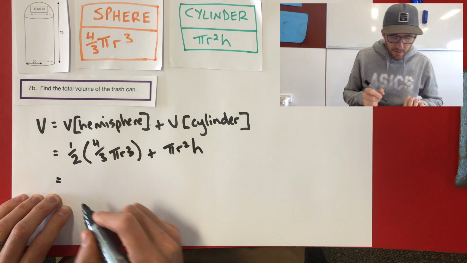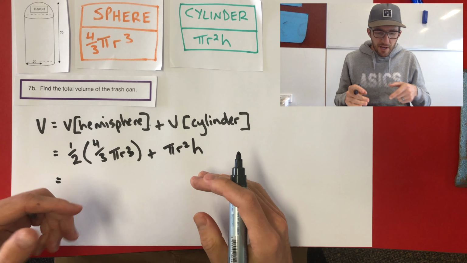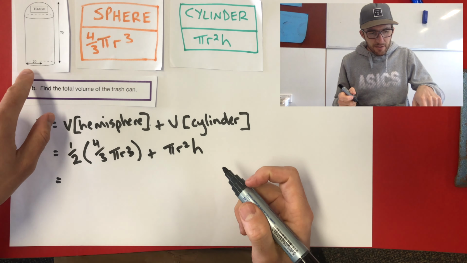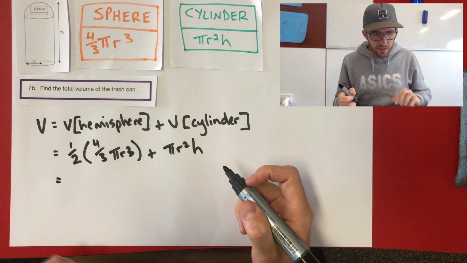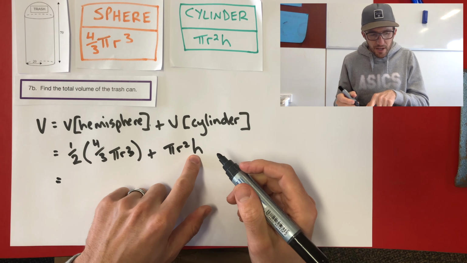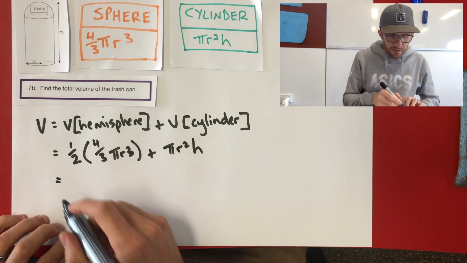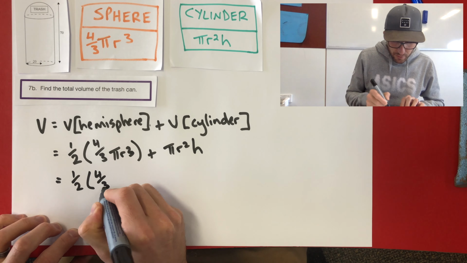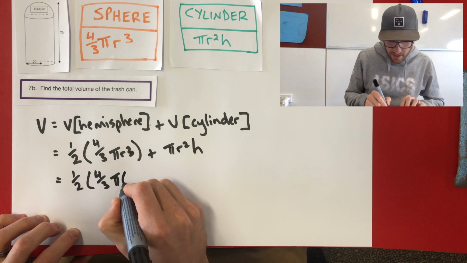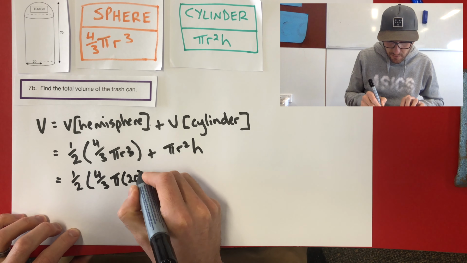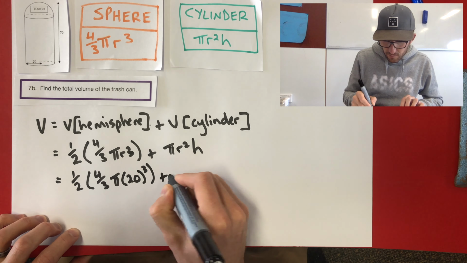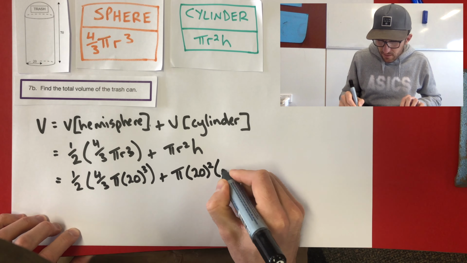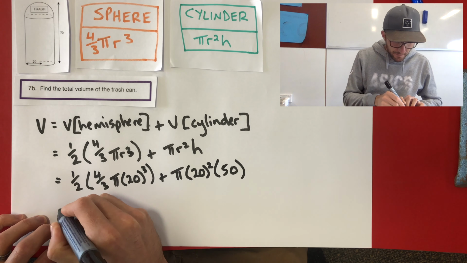Now that we've substituted our formulas in, we need to substitute in the radius from our trash can, which is 20 centimetres, and the height, which we worked out in part A, was 50 centimetres. So we're going to rewrite this as half of 4/3 pi times 20 centimetres cubed, plus pi times 20 squared times 50.